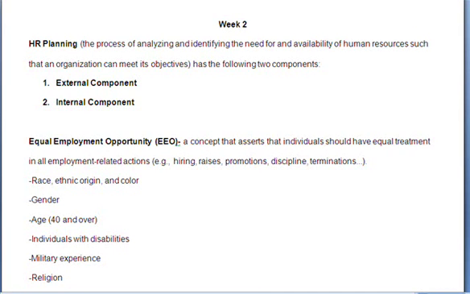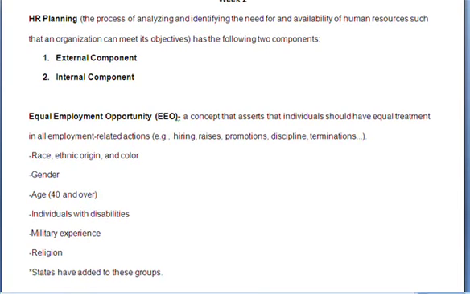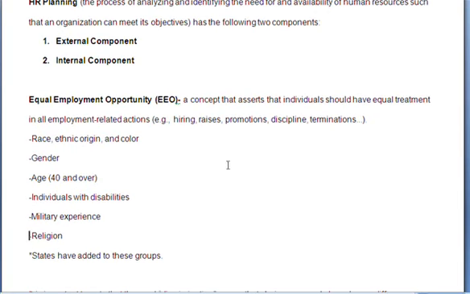Most people, when they think about equal employment opportunity, they think about hiring, the hiring decision. But as you see here, equal employment opportunity is about all employment-related actions. Hiring, raises, promotions, discipline, terminations, etc., etc. Currently, these are the major groups of individuals that are afforded protection in our particular country.